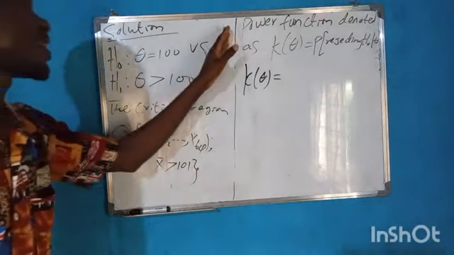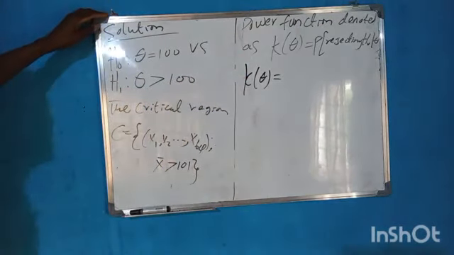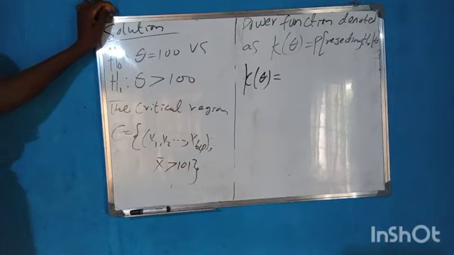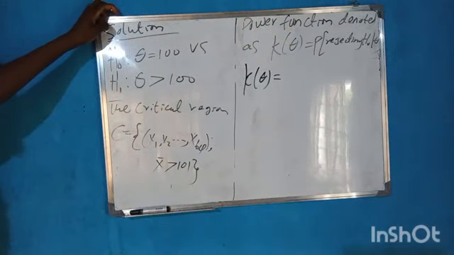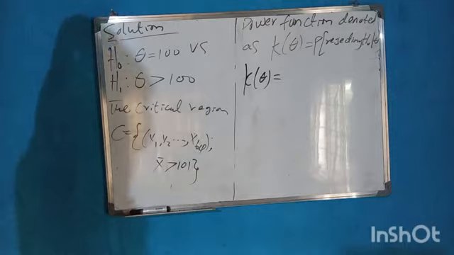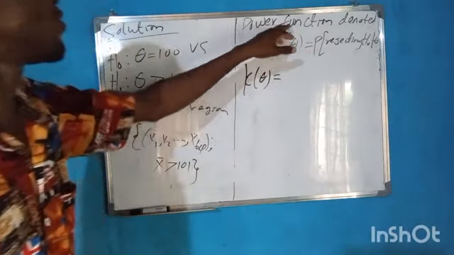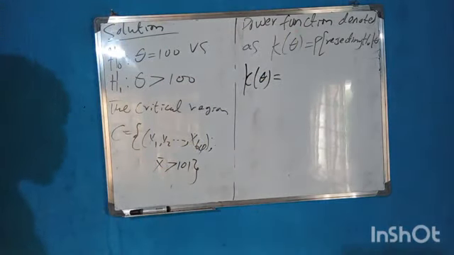Now let's start with the power function. For you to obtain the power of the test, you first of all obtain the power function, because the power of the test is the value of this power function at a parameter point.